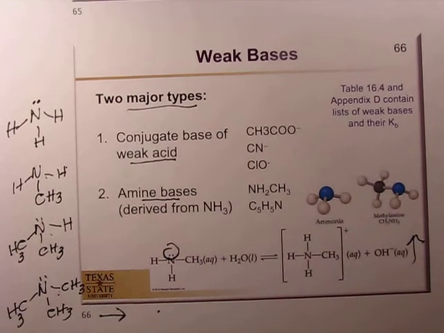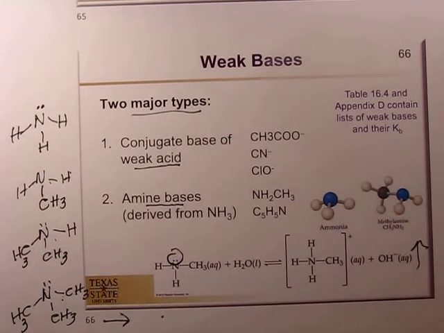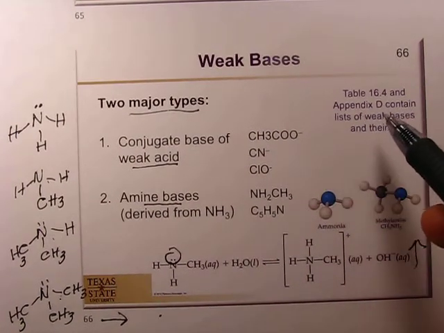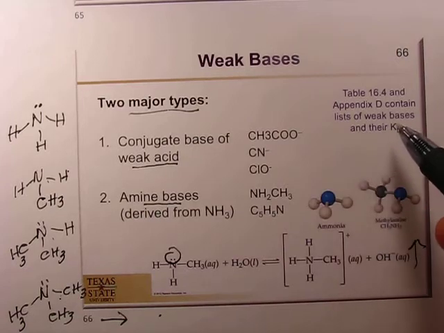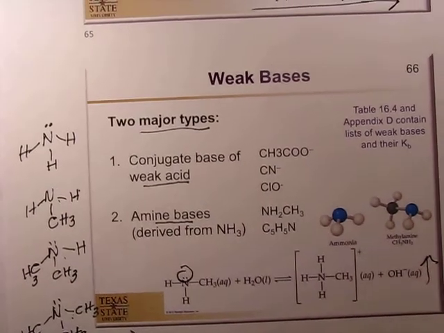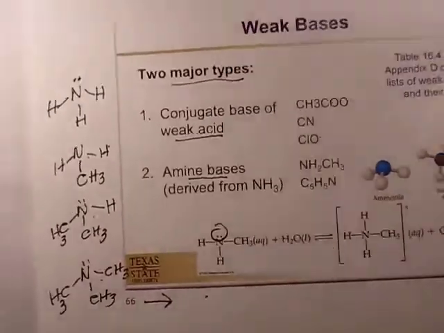And Table 16.4 and Appendix D contain a list of the weak bases and their Kb. So what is the Kb?